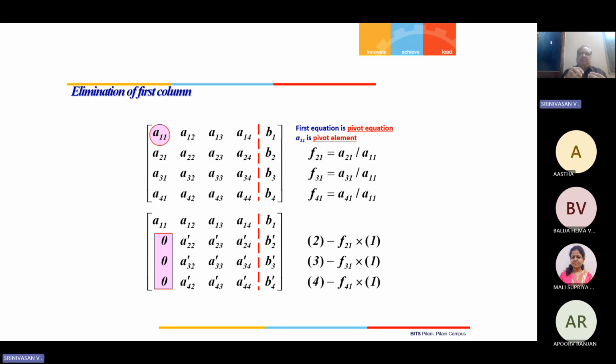Such elements which are important, on which we rely upon, are the pivot elements. So naturally we will start with the first column, then second column, then third column, fourth column, and so on. Okay. So let us say the first column is the pivot column and the first row, first column element is your pivot element.